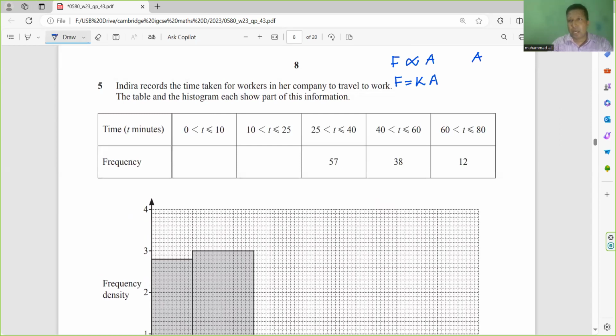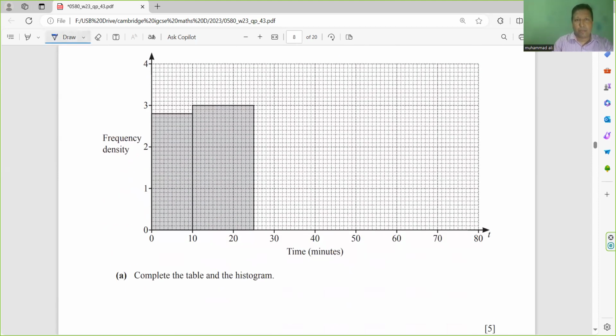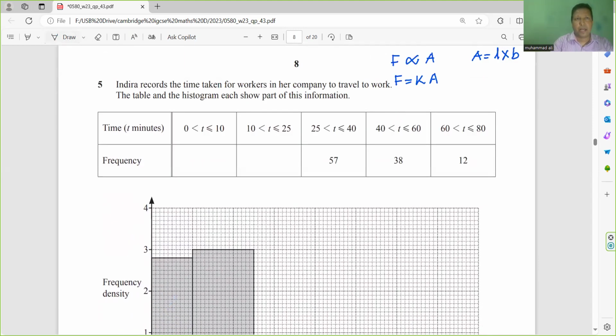Area means length times breadth. For 0 to 10, the breadth is 10 and the length is 2.8.